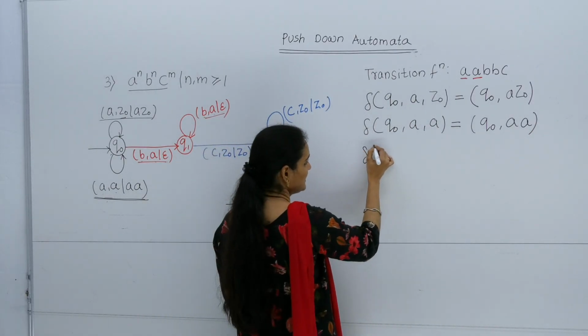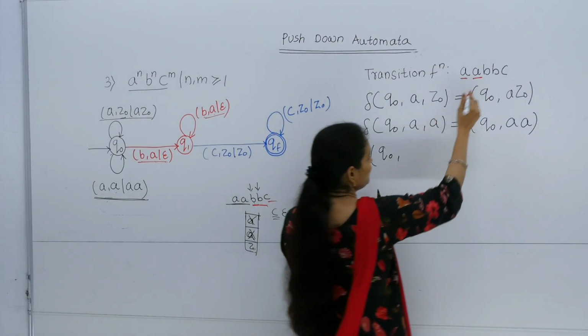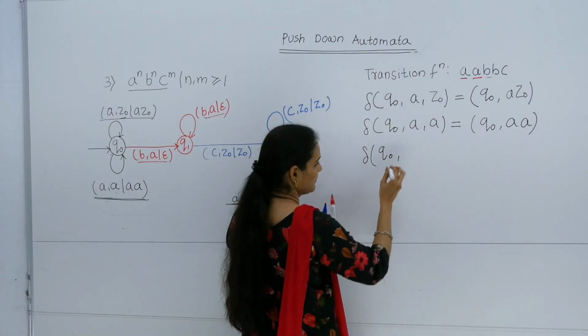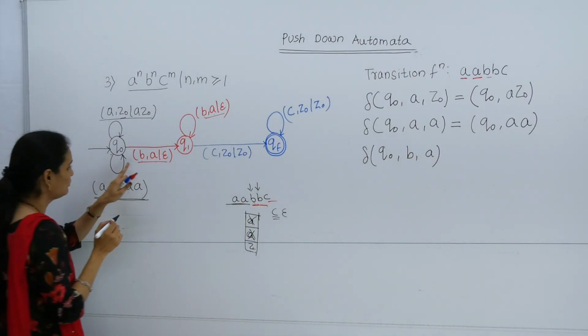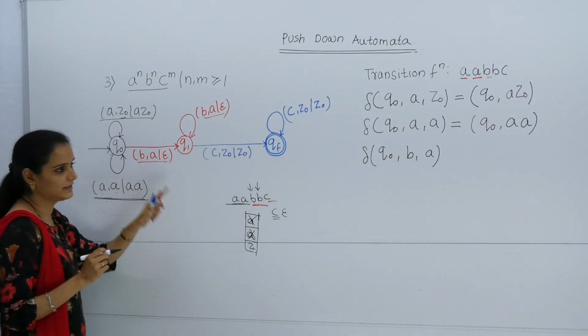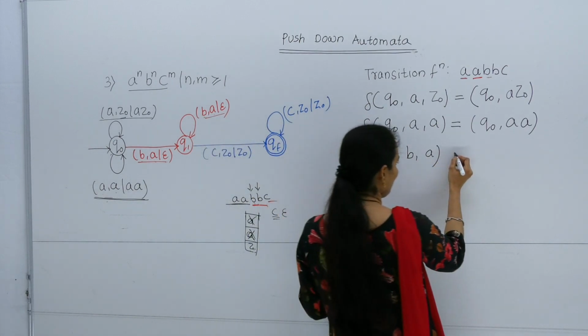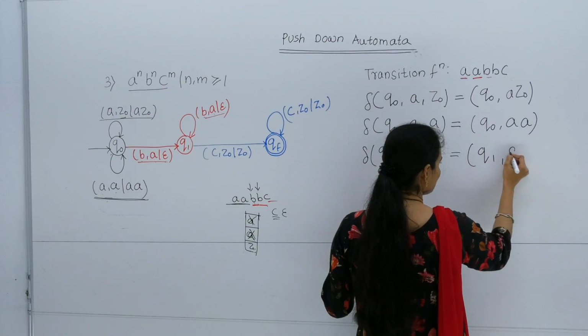Now the next input symbol is B. What is the top of the stack? A. So we have now obtained B, top of the stack is A, so perform the pop operation. Pop is performed, and we move to the Q1 state.